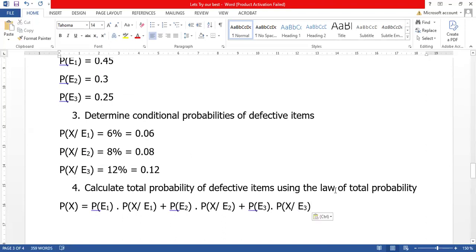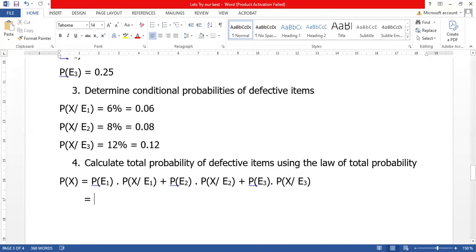That's the law of total probability. You have everything, simply substitute.